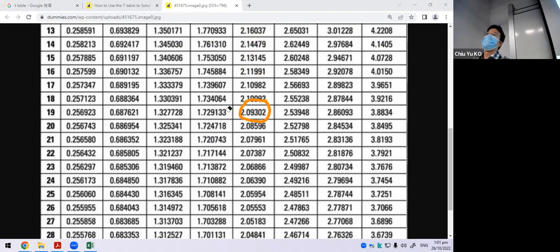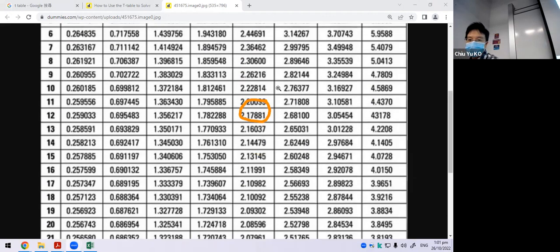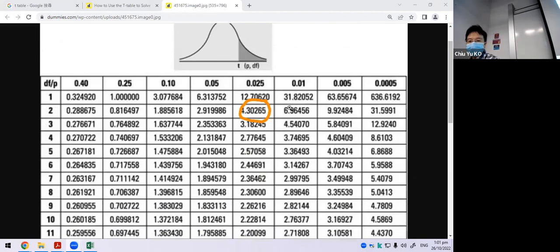You can see this number is actually not too much different from 2. In some cases people use the rule of thumb of 2.